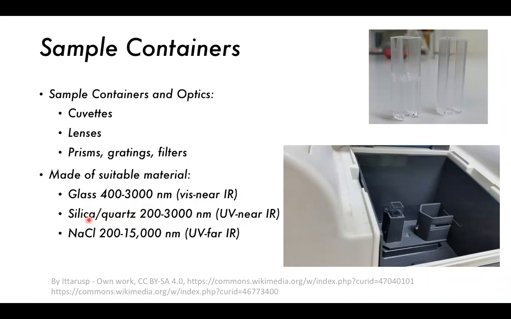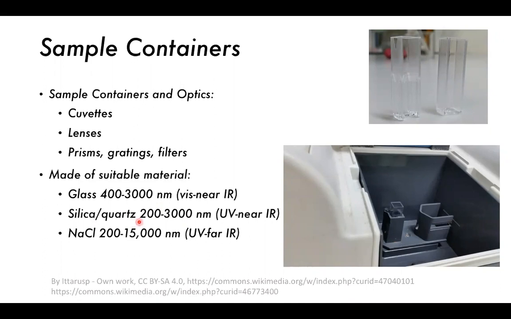I talked about before, silica quartz is kind of like the gold standard, but it is really expensive. The reason why it doesn't go above 3000 nanometers is because it actually starts to absorb. Silica glass is made up of similar materials to what we saw in electrochemistry, those glass electrodes for the pH measurements. That's kind of the structure of the silica quartz.